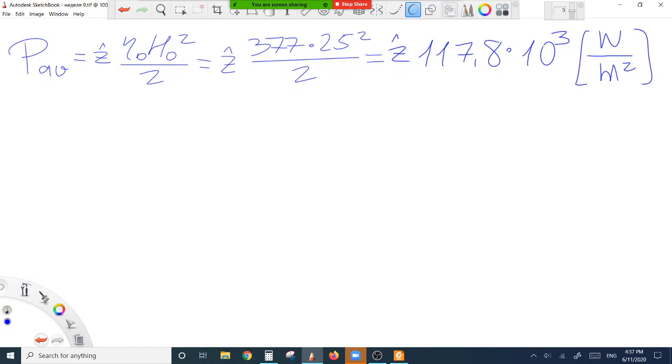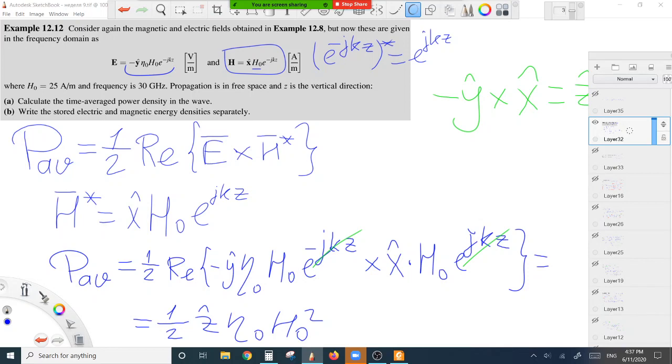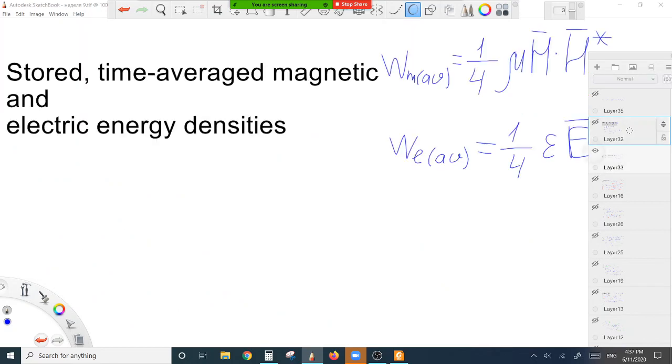And now the second part of our problem: write stored electric and magnetic energy densities separately.